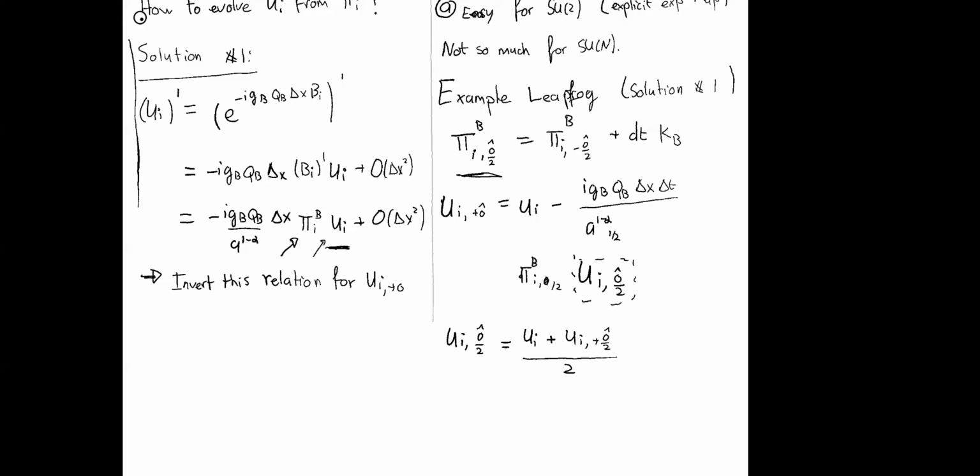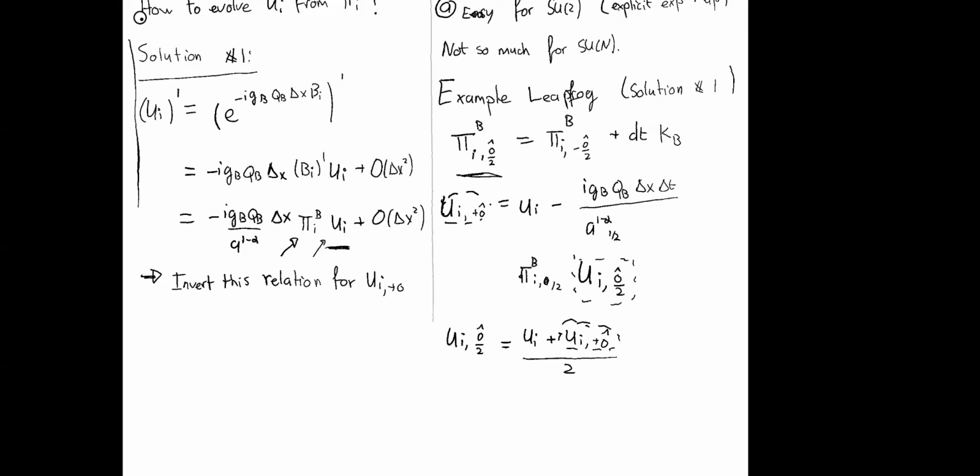And so once you do that, you see that you have an equation with full-time integer, where you have ui plus of 0 on both sides, and you just need to isolate this ui of 0.